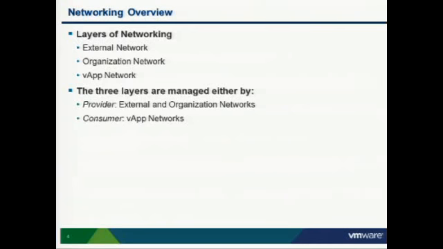Whether you be the IT guy setting up a private cloud as the provider, or whether you be a service provider setting it up for external customers as a public cloud, the provider controls those two. They set up those two, and we're going to go into details on that. The third network, which is a vApp network, is the only network that a user can actually create and control on their own. So that's a very important distinguishing remark. We will talk about that when we get there, and I'll tell you why that is.